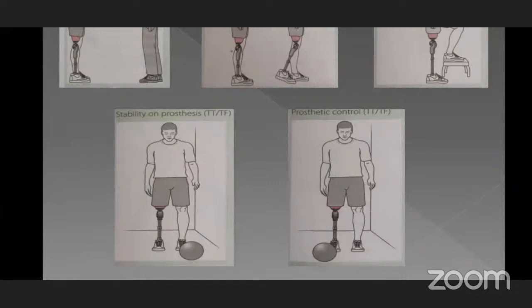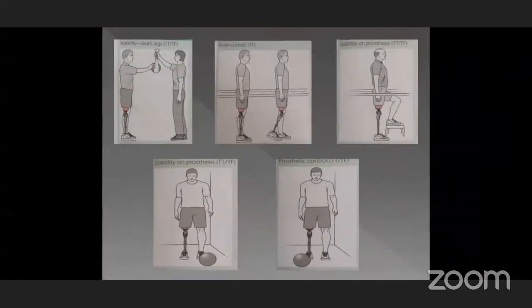That is what the first picture represents. In the second picture, the person has to kick the ball with the prosthetic leg and bear the weight on the normal leg. So step by step, we can improve the stability and control of the prosthetic for the patient.